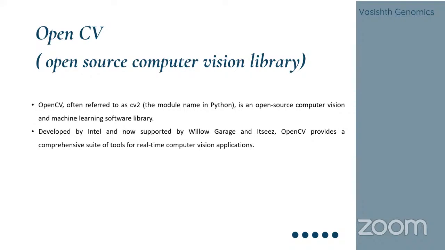Several image learning processes work with OpenCV or CV2. It is also used in C++. In Python, you use cv or cv2. So you have to check it out, because the library is available in both C++ and Python.